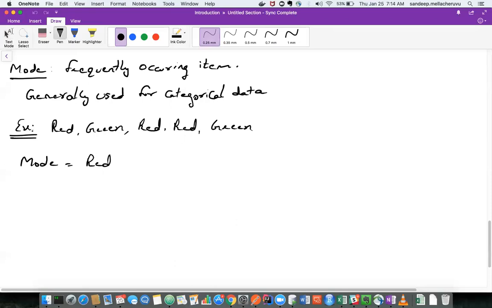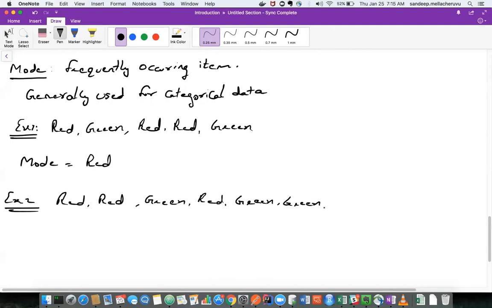How can I calculate the mode? Let me take another example: red, red, green, red, green, green. In this case, what is the mode? Is that your question?